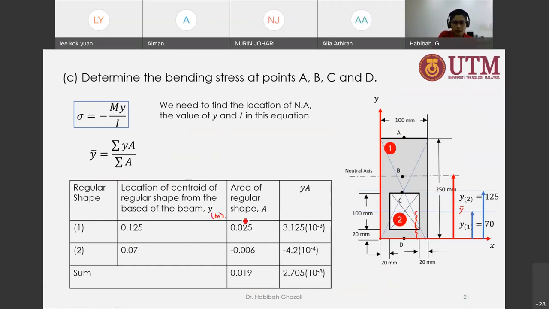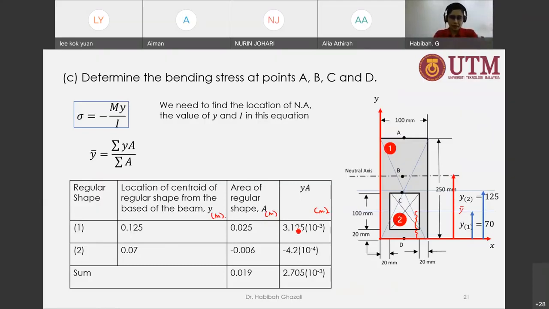So all are in meter. As you can see, I myself made a mistake when I did not change the unit. So always track your unit. When you do not track your unit, you're always going to make mistakes, like myself.